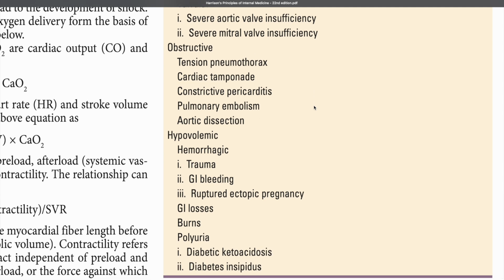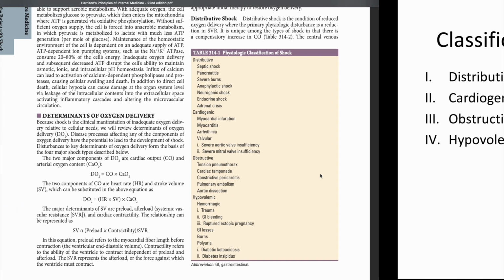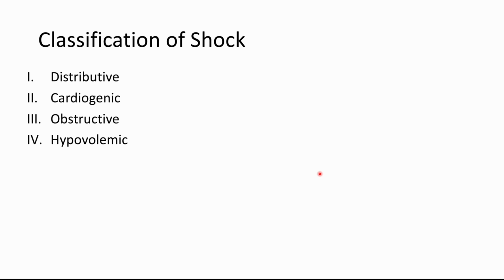And hypovolemic, it's usually the hemorrhagic causes like trauma, GI bleeding, ruptured ectopic pregnancies, and then GI losses, burns, polyuria like diabetic ketoacidosis and diabetes insipidus. This is the actual physiology and etiologies of each shock.